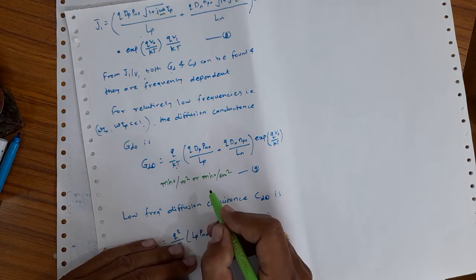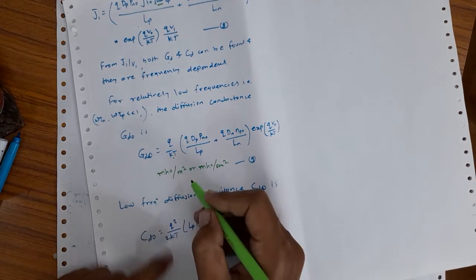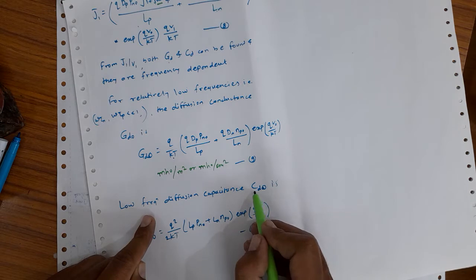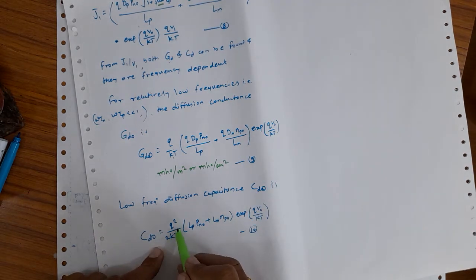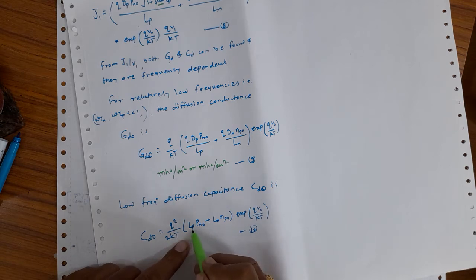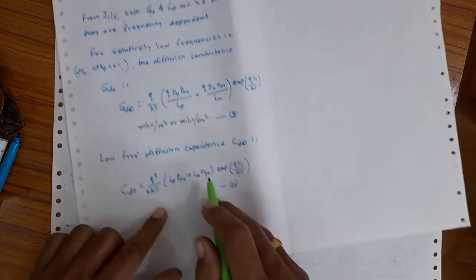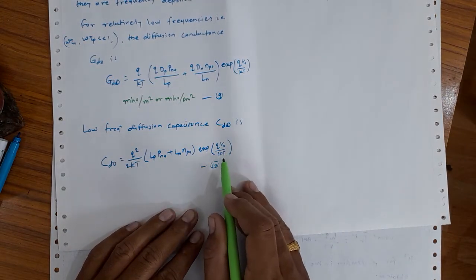This has exactly the same value which is obtained by the Shockley equation. Similarly, for the low frequency diffusion capacitance, CD0 can be found to be q square by 2kT into Lp pn0 plus Ln np0 into exponential of qV0 by kT.